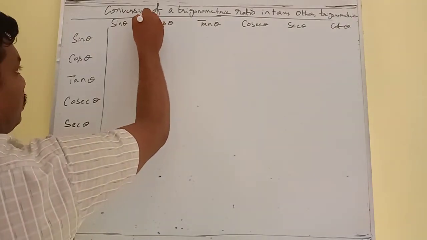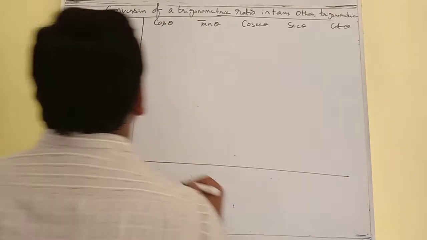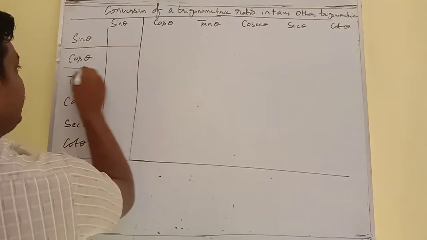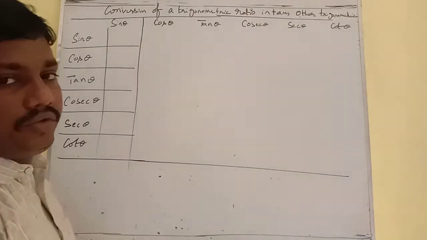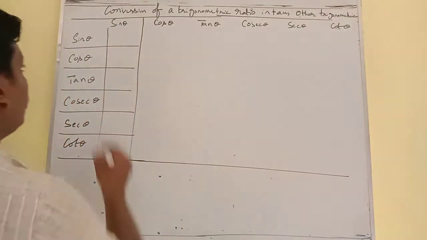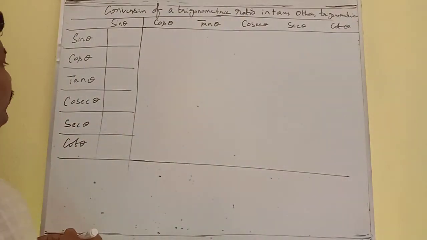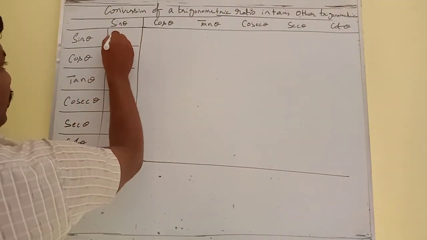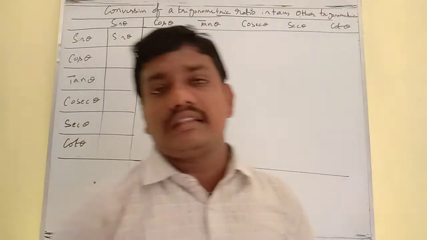We first convert all the trigonometric ratios in terms of sine theta. We have to see how all the trigonometric ratios can be written in terms of sine theta first. Sine theta cannot be changed. This is just sine theta only.